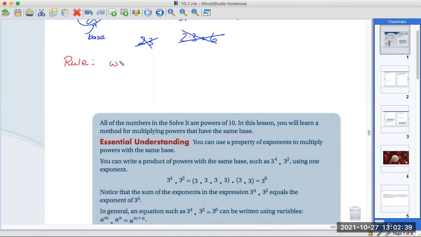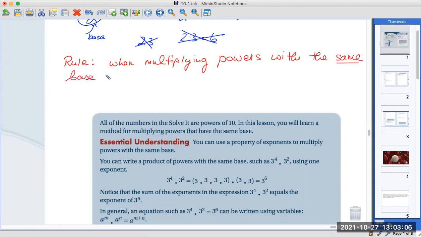When multiplying powers with the same base, what you do is you simply add the exponents.